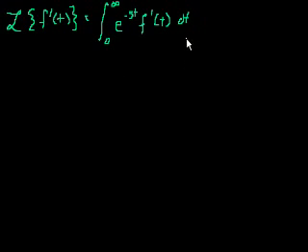The integral of u v prime is equal to both functions without the derivatives, u v, minus the integral of the opposite, so the opposite is u prime v.